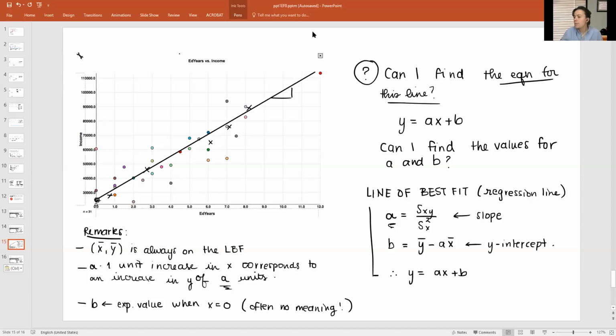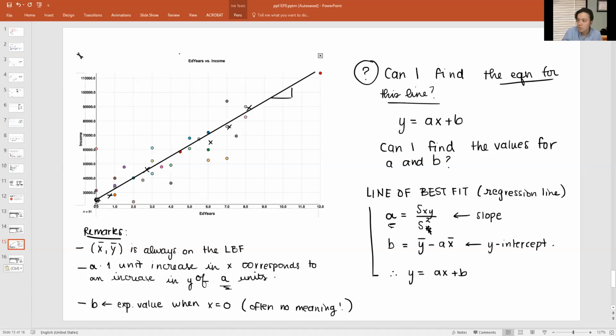Okay, so now in the same example that we had before, the formula for a is sxy divided by sx squared. No, this is not s times x, it's s of x. So that means the standard deviation for the variable x, the whole number squared, which corresponds to the variance.